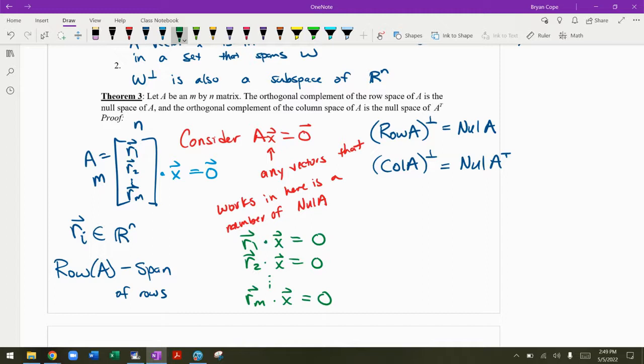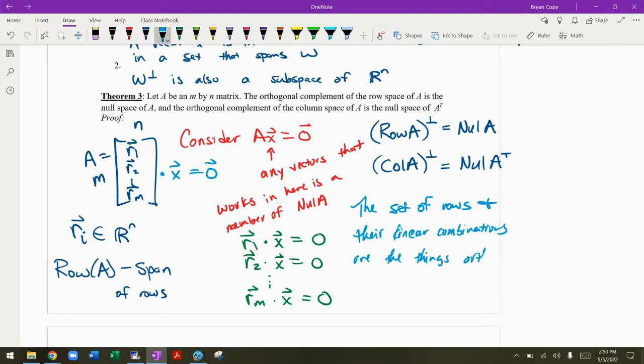Do you see how just writing that out sort of proves it? This shows that the set of rows and their linear combinations, of course, are the things orthogonal to x.